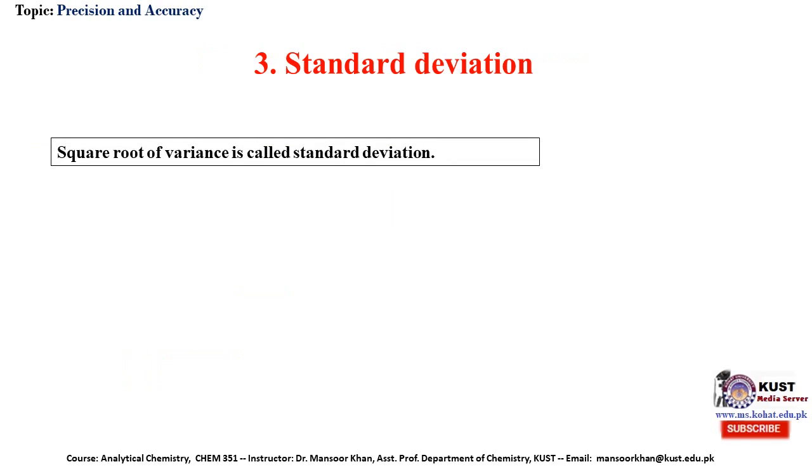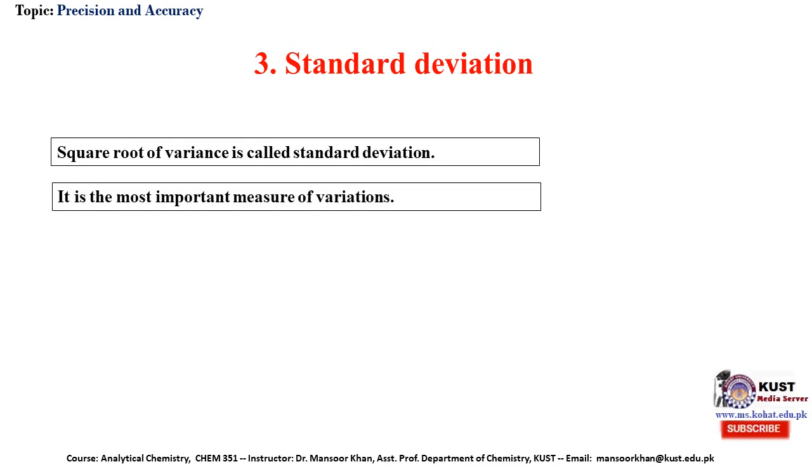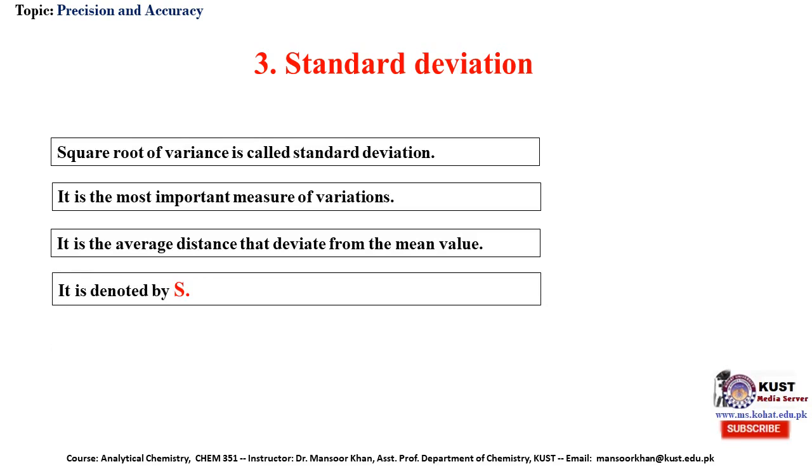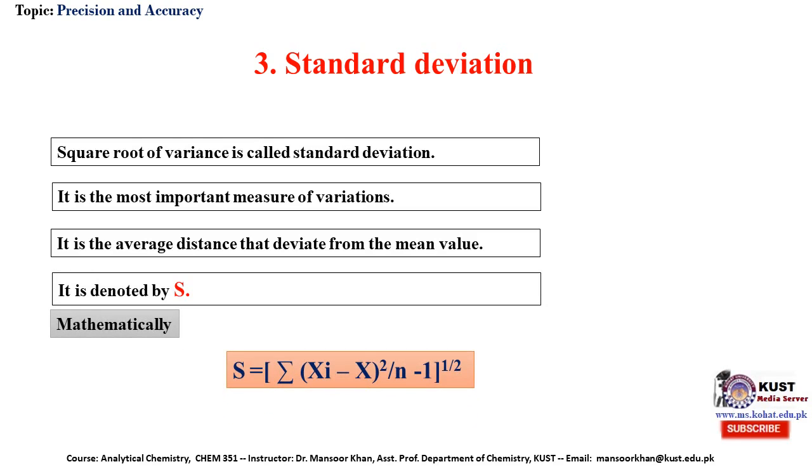The third and the most important one is standard deviation. Standard deviation is the square root of variance. It is the most important measure of variation. It is the average distance that deviates from the mean value. It is denoted by S. Mathematically, it is the square root of summation (xi minus x bar) whole square divided by n minus 1.